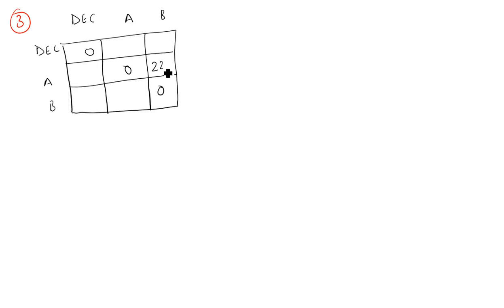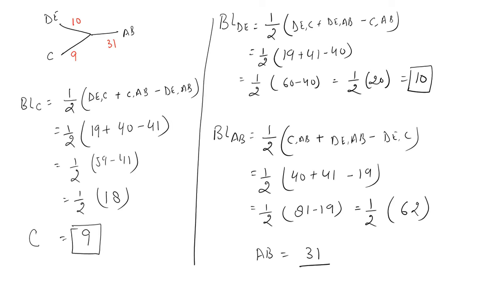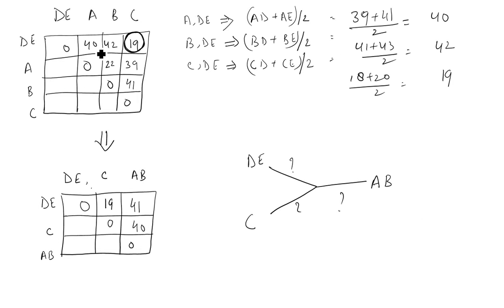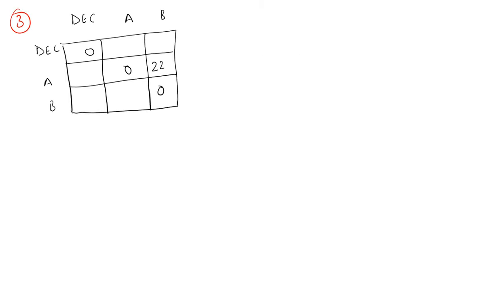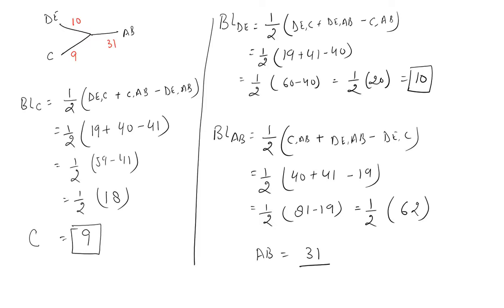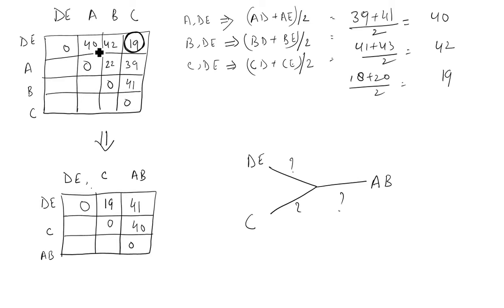So A and B is 22 directly. DEC to A we have to calculate. A to DE is available and C to A is available. A to DE is 40 and A to C is 39.